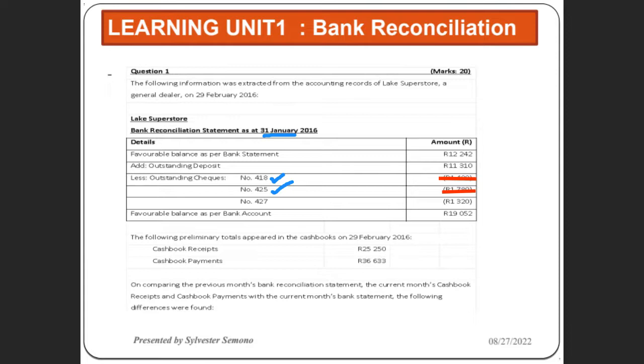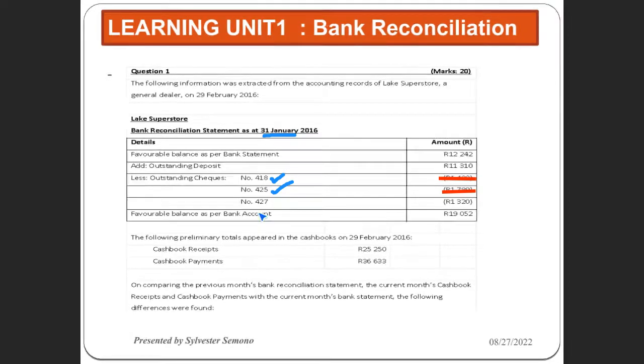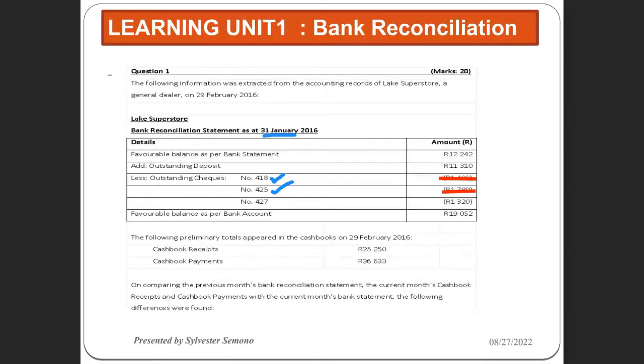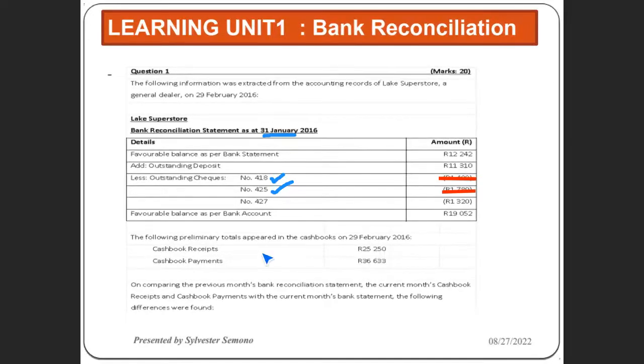Let's go back to the other one. Remember the other check, they said 427 did not appear, meaning at the moment it is still outstanding. But they told us that we need to cancel the check. If I want to cancel a check in my book, will I record in the CBR or CBP?